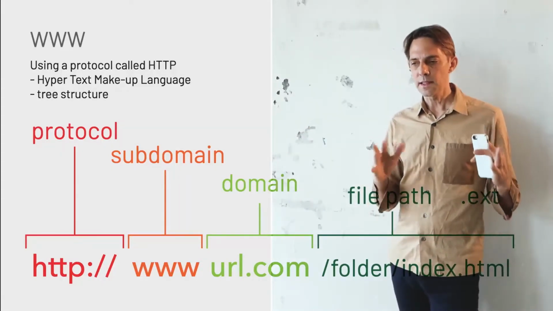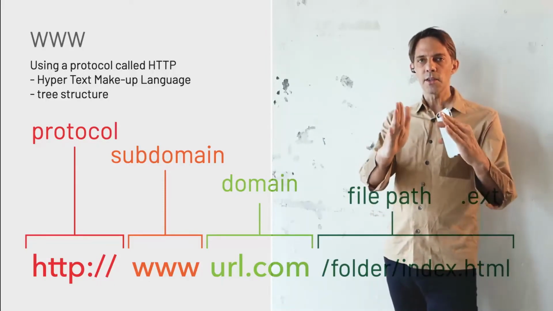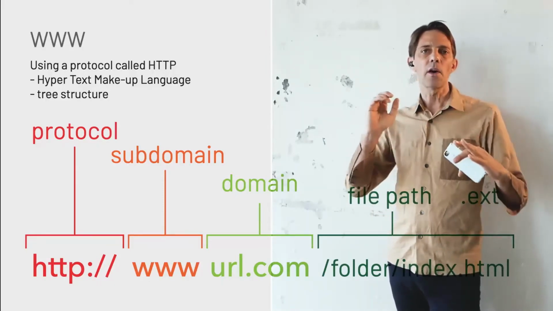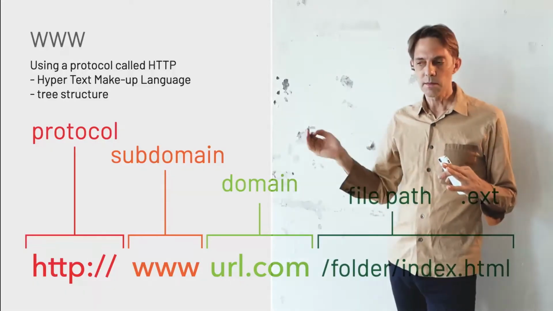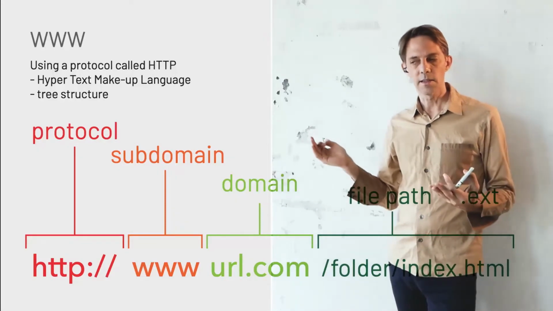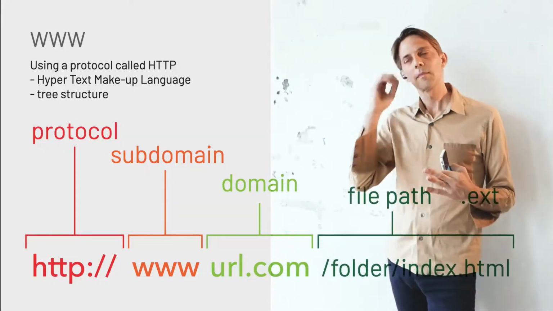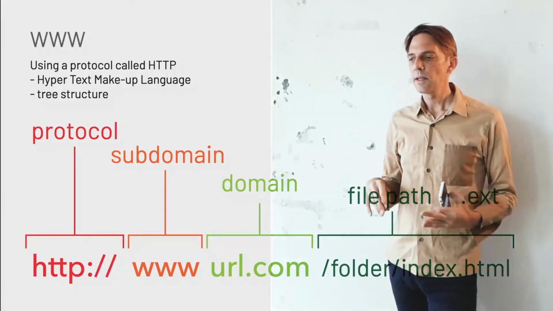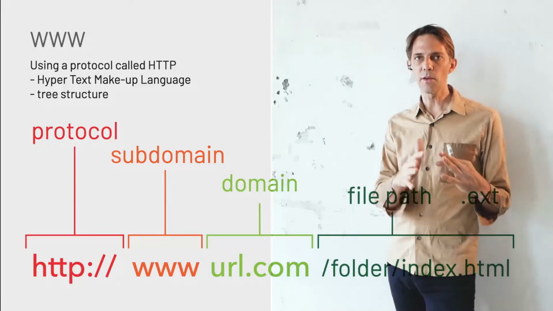And then it's sort of like a tree structure on that server. First you go automatically to the index.html. Index could be a different extension than HTML. Could also be PHP, or I'm not sure if there are other ones. But the index is sort of the main file that, if you don't specify looking for another file, is where it automatically goes by default.